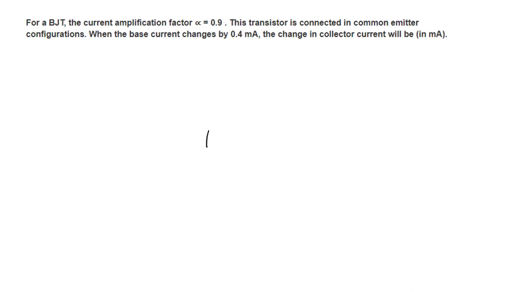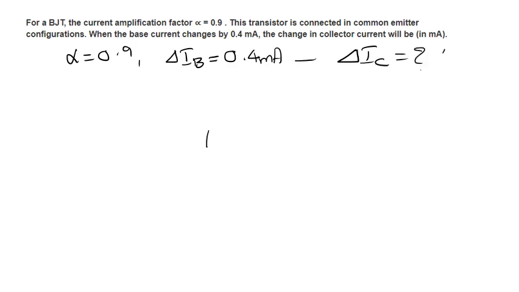We have to find the corresponding change in IC, delta IC.